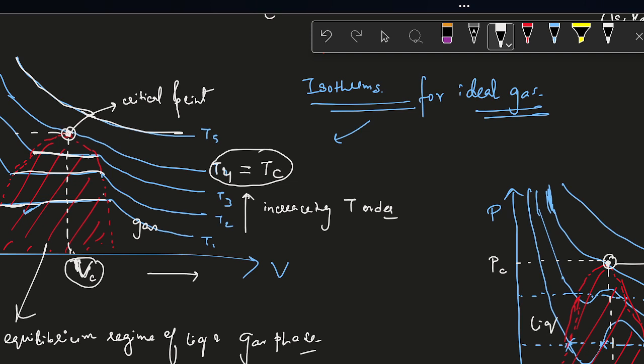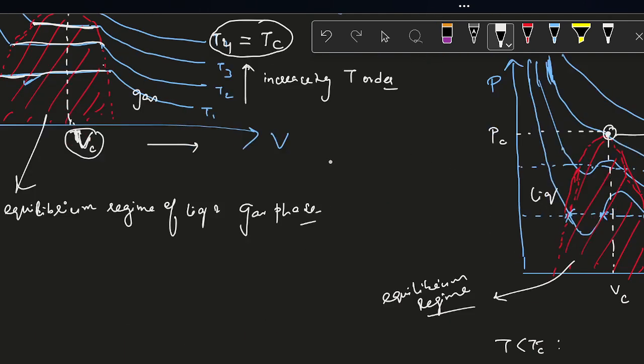And this is your equilibrium regime. These are van der Waals gas isotherms: the left one is for the ideal gas isotherm and the right one is for the van der Waals gas isotherm.